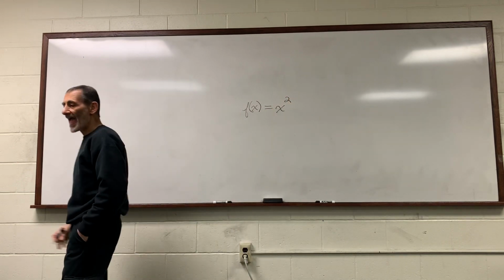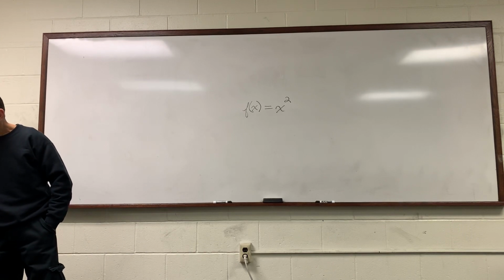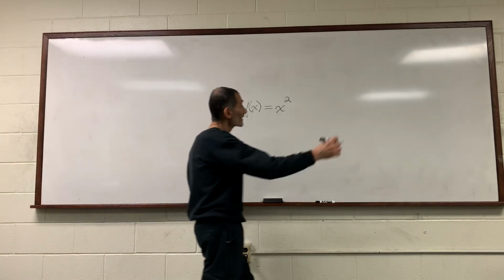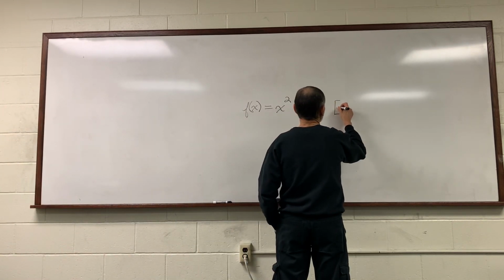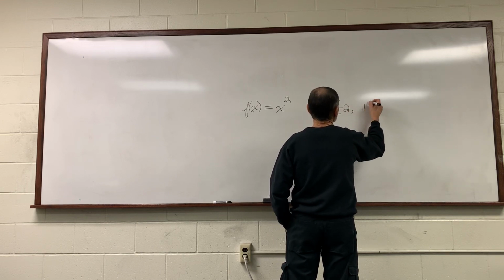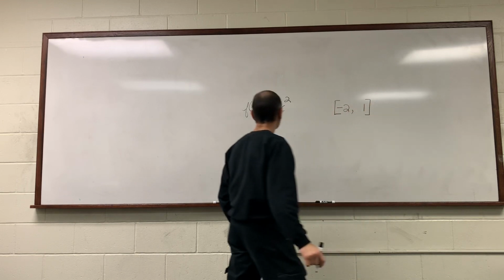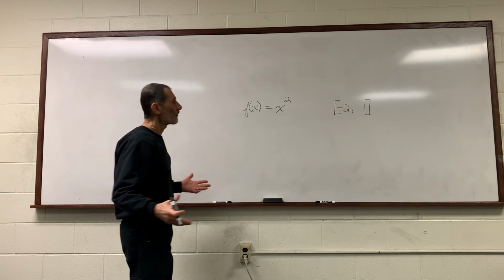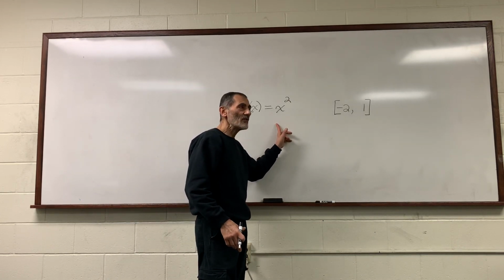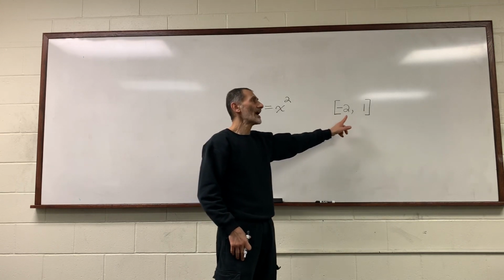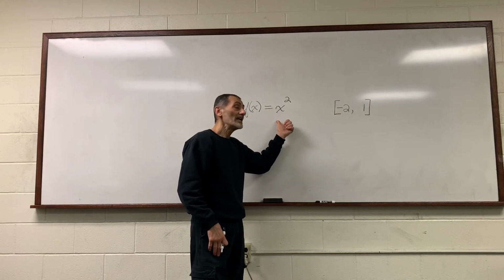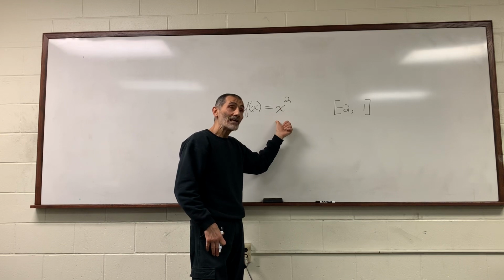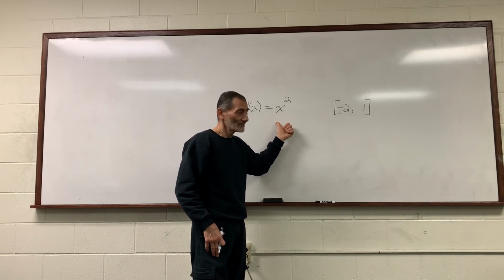And we'll look at that function on the interval from x equals -2 to x equals +1. Now we know, first of all, that this function is continuous on that interval because it is a simple polynomial function. It is continuous everywhere.